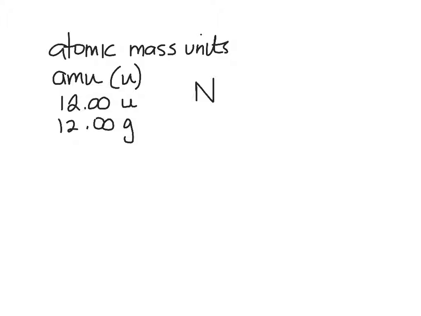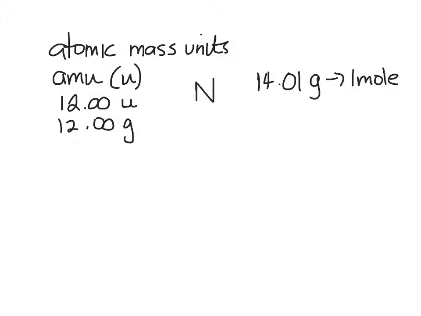What is the mass given in the periodic table? Okay, so nitrogen, 14.01. If we're talking about a mole, we're talking about grams.